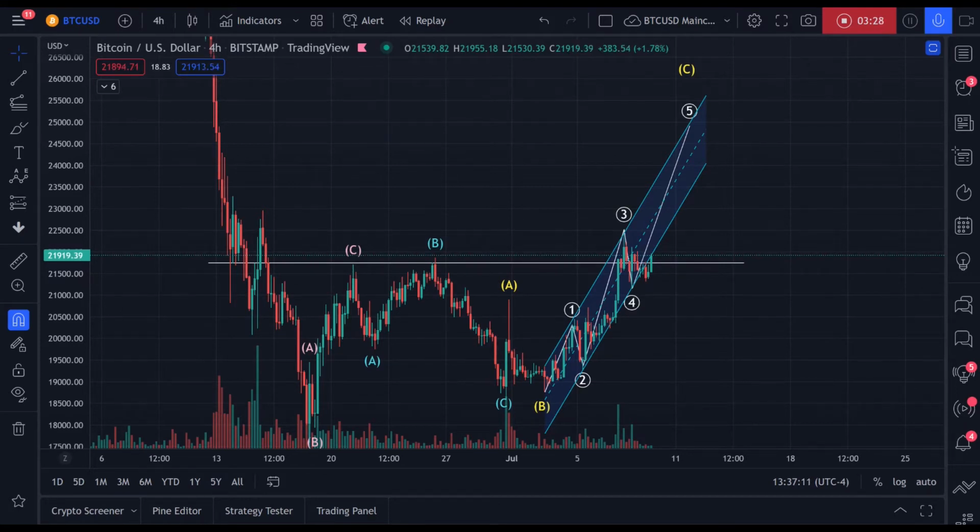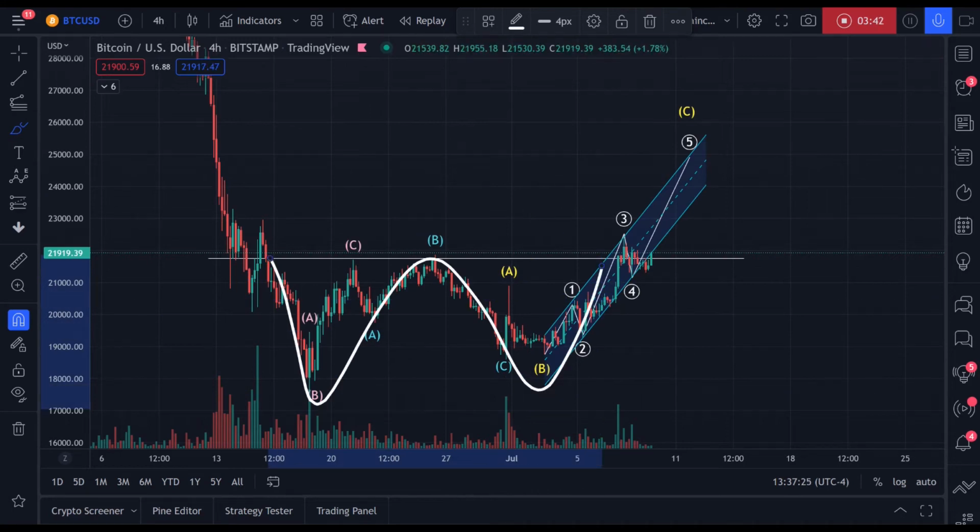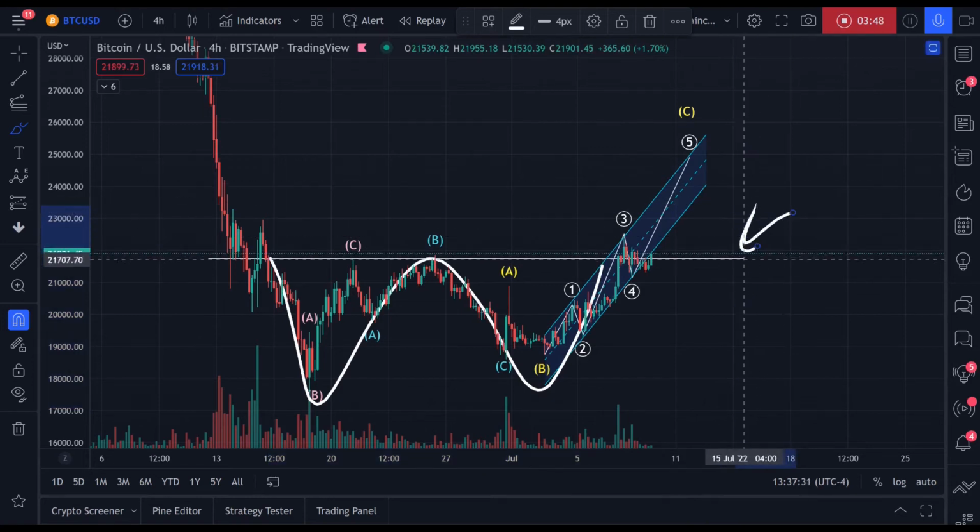And I think that this wave, this fifth wave, is going to be extended. Why do I think it's going to be extended? Two reasons. Firstly, you are clearly in some sort of W pattern, okay? And you're at the neckline of that, all right? And I've designated the neckline with this line.